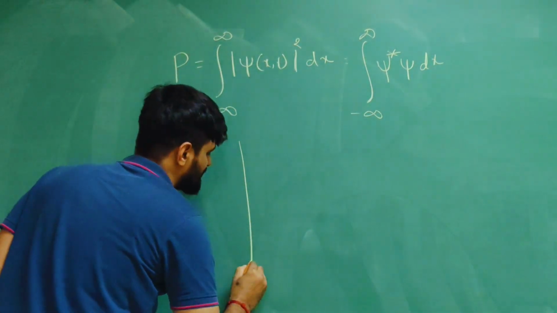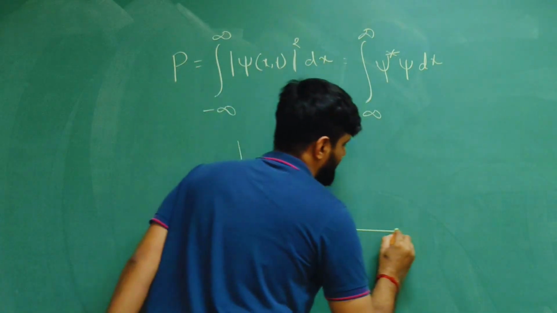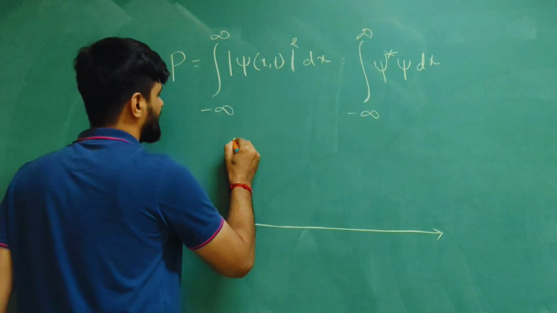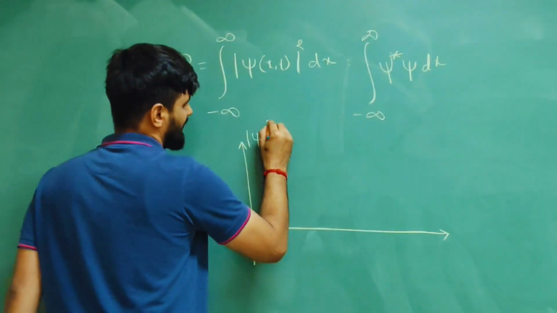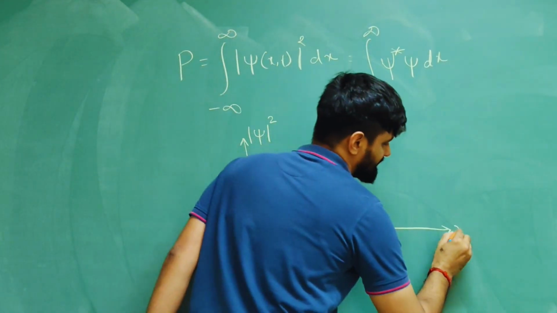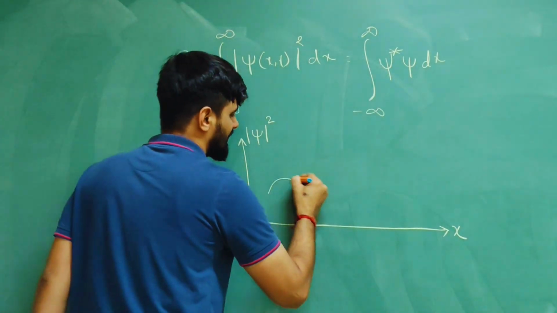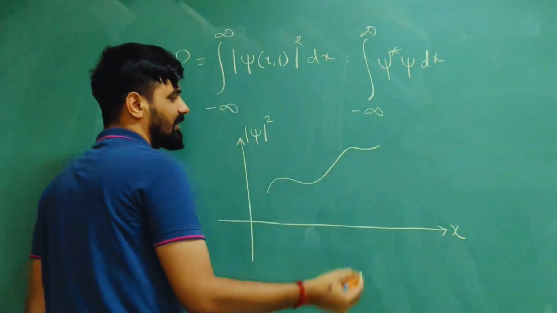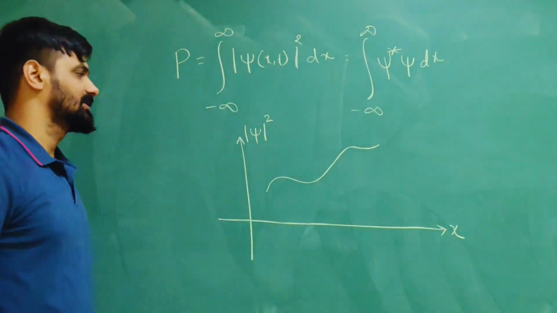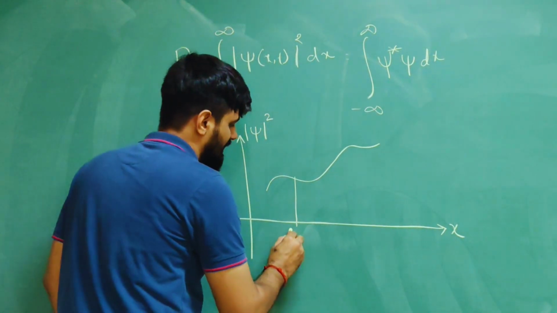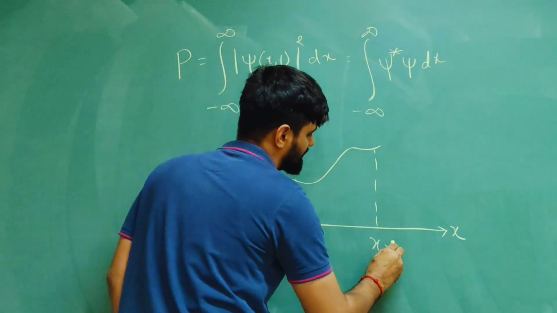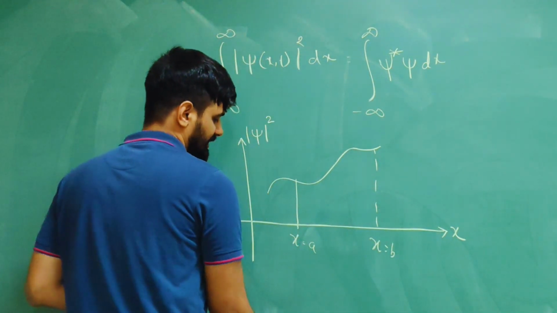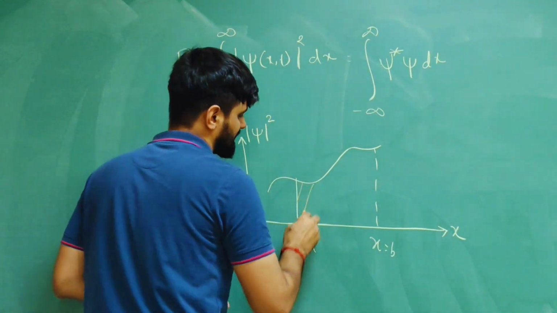So basically what you see here: let's say we plot the probability density, mod of psi square, on the y-axis and x on the x-axis, and you get this kind of curve. If I want to find the probability of the particle between the region x equals a and x equals b, we calculate the area under the curve.